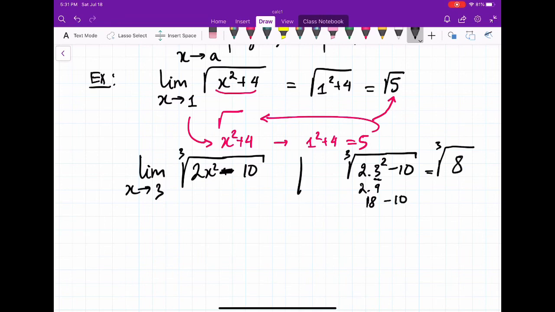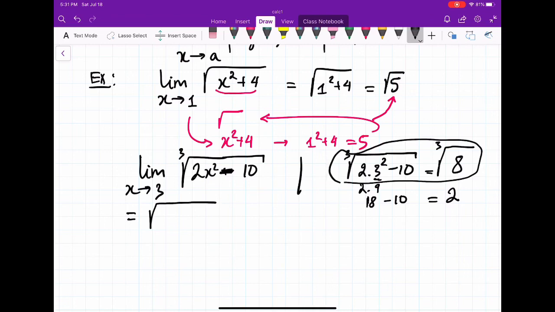Cube root of 8 is 2. It is a finite number, which is good. So that is my answer.